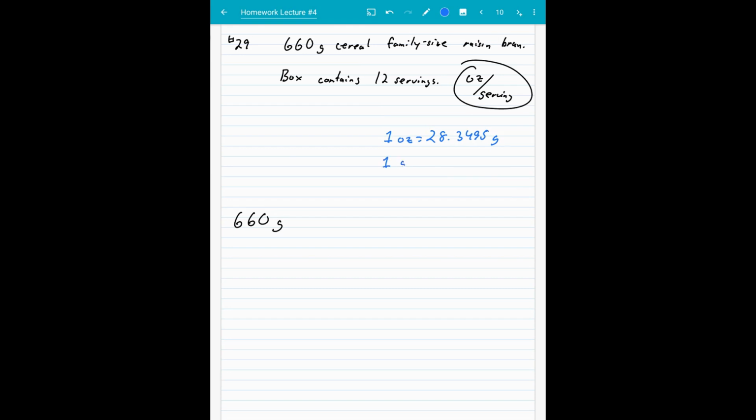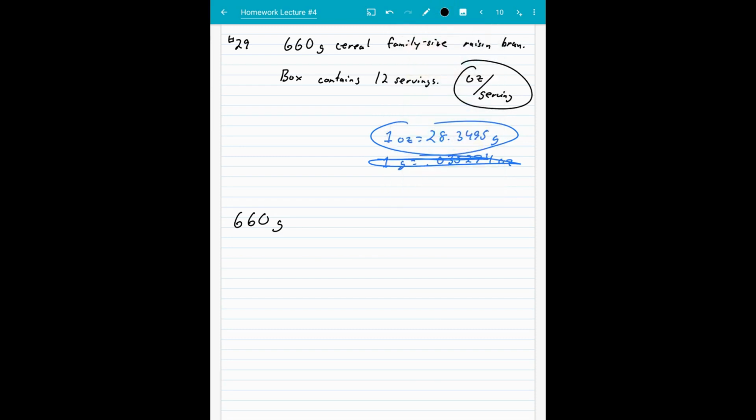You could have used 1 gram is equal to 0.035274 ounces. But because that's a smaller number, it's a little worse to work with. A gram doesn't really weigh that much in comparison to an ounce. I'm not going to use this one. You can, and it'll still work. I'm going to use this one instead.